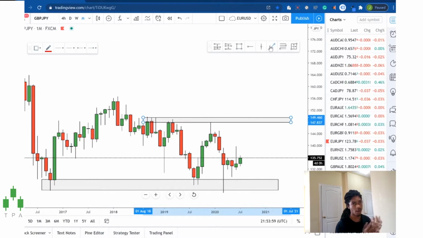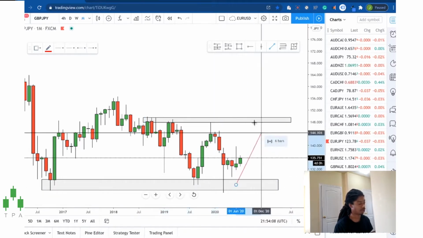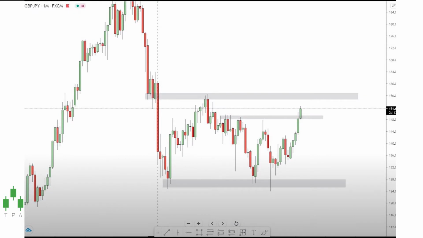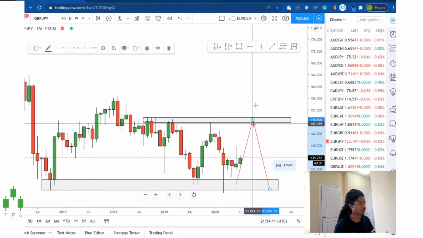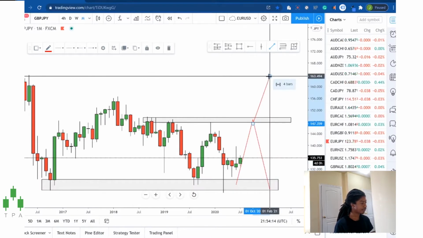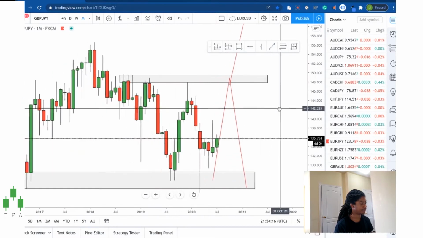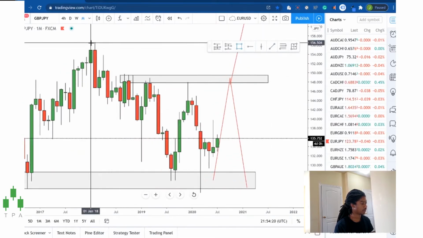And you know how I always draw my support and resistance market structure, right? We go from support to resistance, resistance, support. We have options, right? And then the next resistance would have been just right around here.